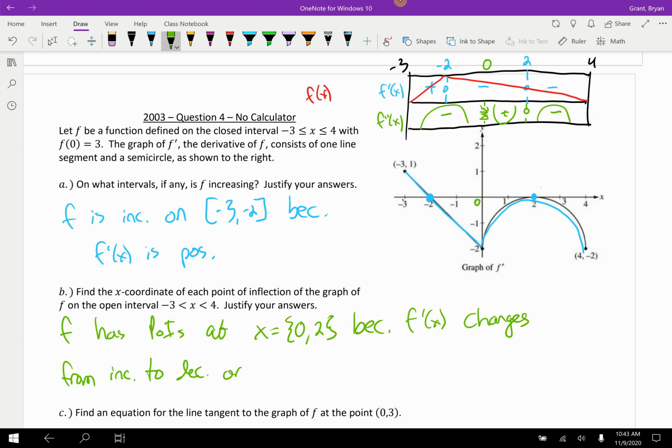Well, f prime of 0, that's the output on f prime. So essentially what we're building is, 0 is the input. I want the output. 0 comma something. But f prime of 0, oh, we have the graph of f prime. How exciting. F prime of 0 means go to 0 on the x-axis and then drop down to the point. And the point here is a closed circle.